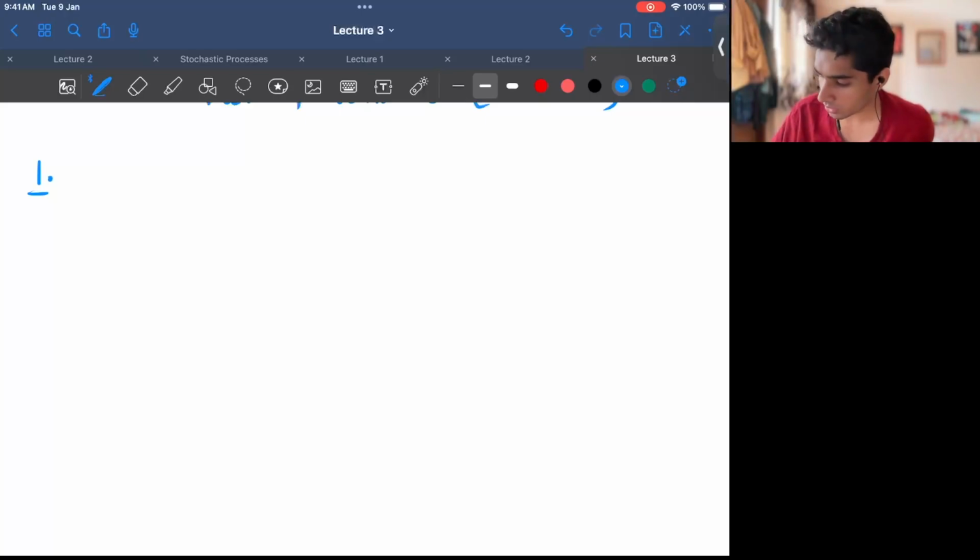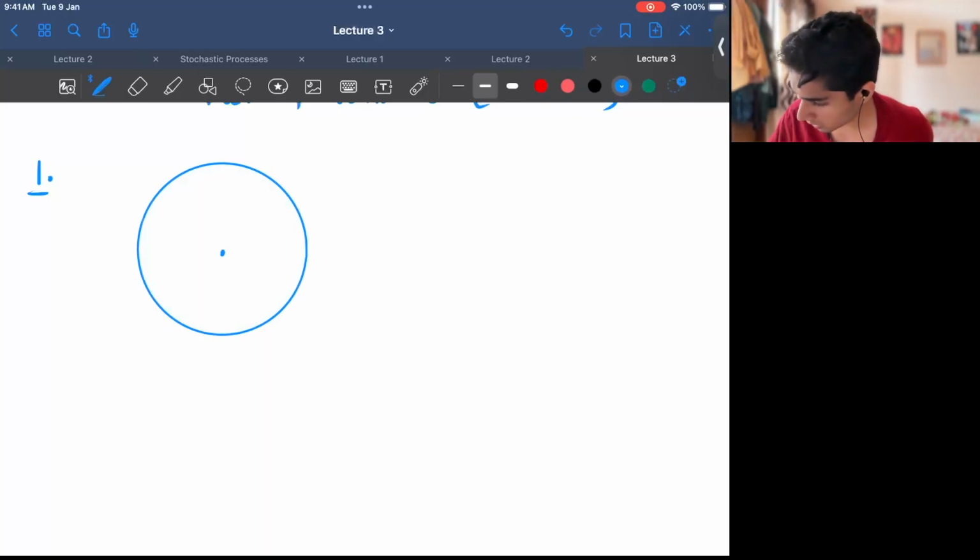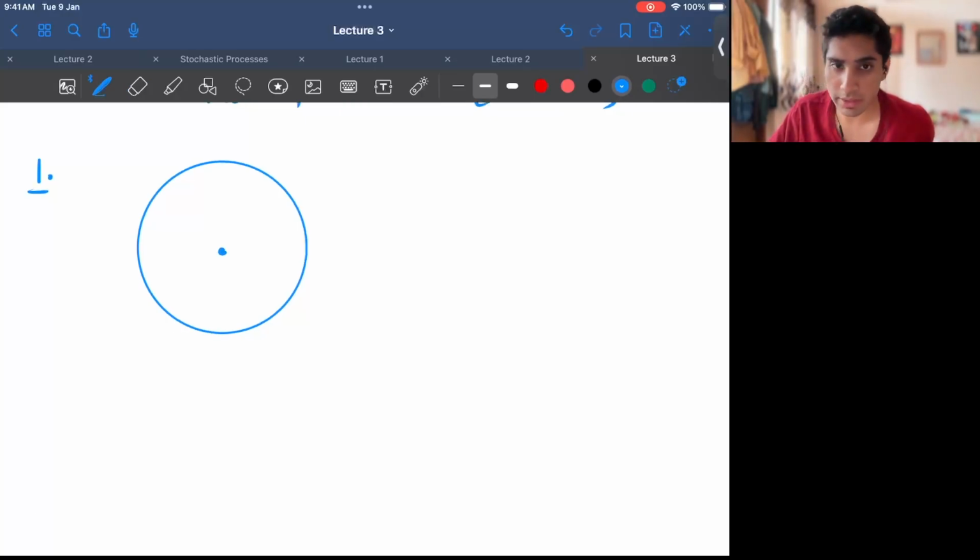Okay, so you are given a circle, and this circle has a radius of 1. Now on this circle a point is randomly chosen on its circumference. Let's say this is your point, and this is the x-axis, or the horizontal line around which the circle is made.